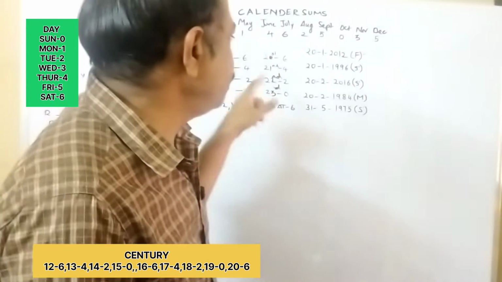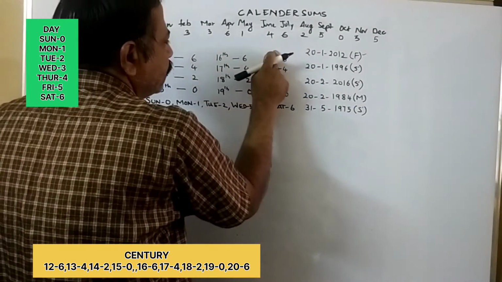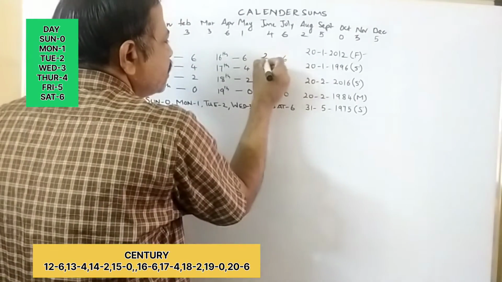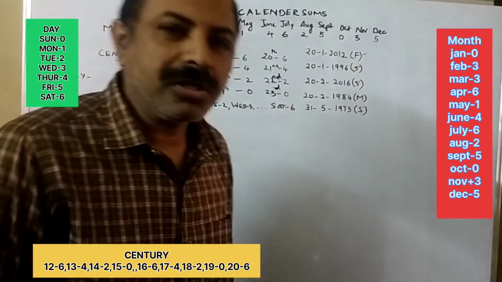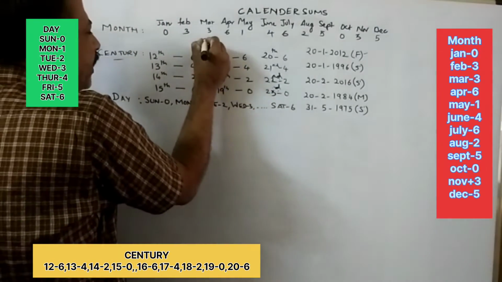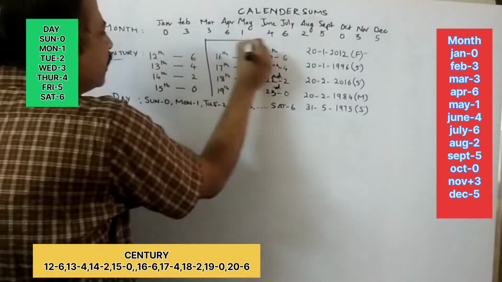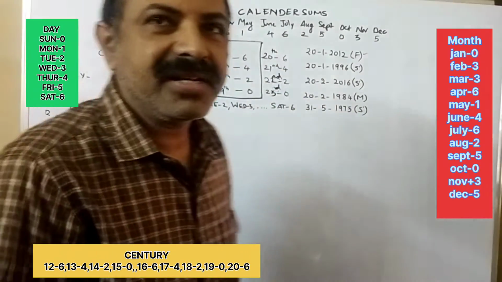So 6 4 2 repeats: the 20th century, 2000 to 2099, has code 6. For every 100 years we have a code. This code is repeating. If you go forward or if you go back, it is the same code.